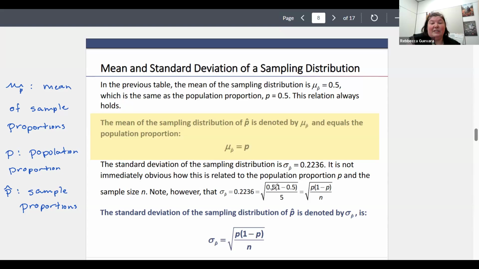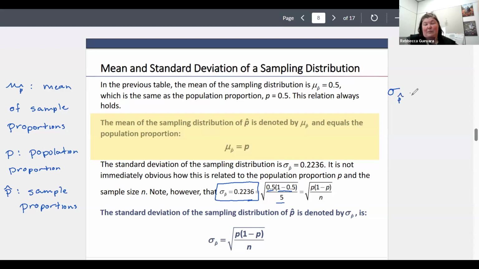Though it's not very obvious, usually it is this. We have p, the proportion of times that I get heads. And then we have 1 minus p. So this is the proportion of times I don't get heads. And we divide that by the sample size.